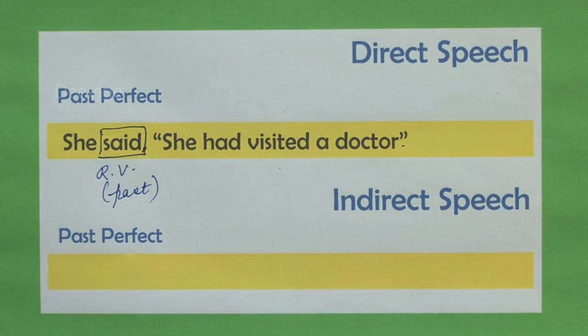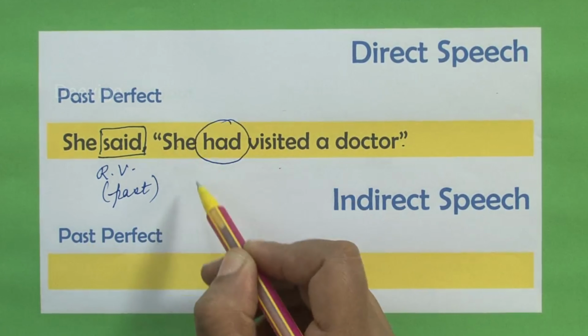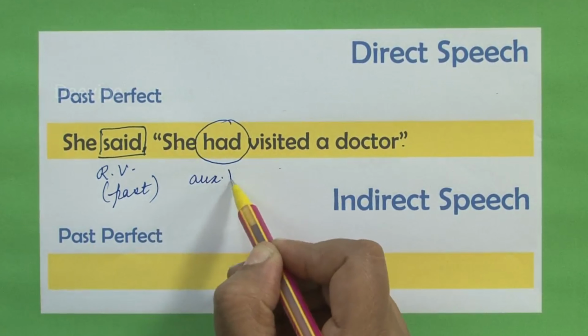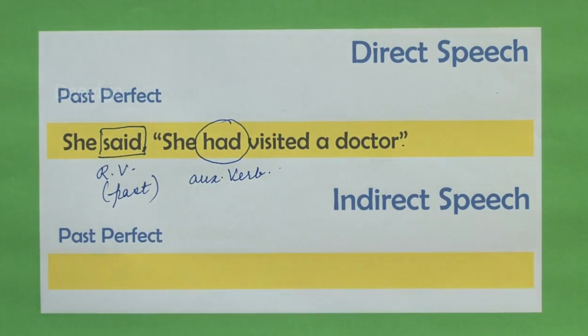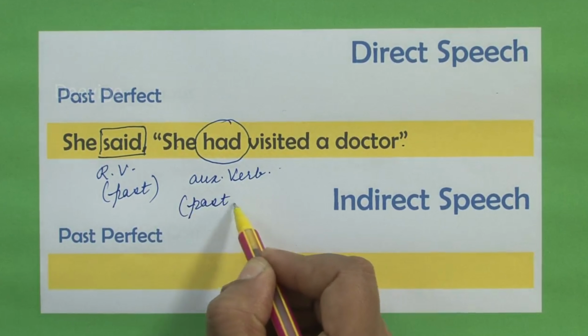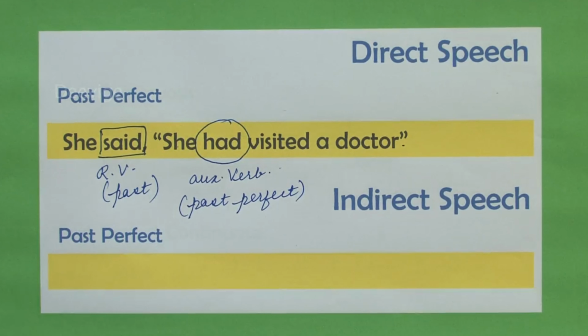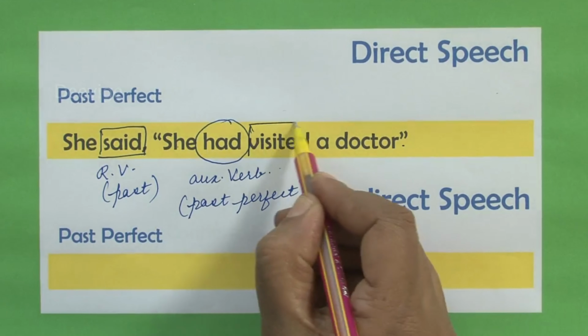Now, again, this particular sentence has an auxiliary verb as well as the main verb. Which is the auxiliary verb here? Had is the auxiliary verb. And what is the tense of this auxiliary verb? It is past perfect. Now, which is the main verb, students? Obviously, visited.